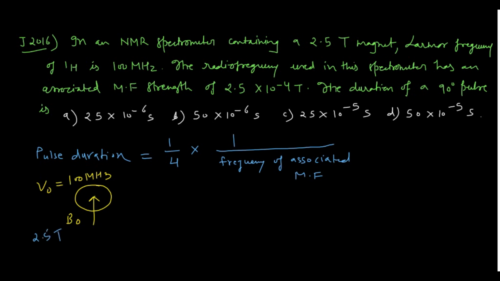For this 2.5 Tesla, that is B0, nu0 is the Larmor frequency.